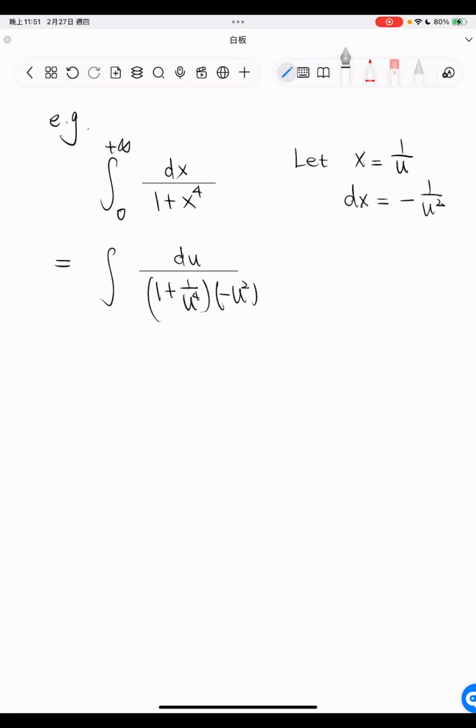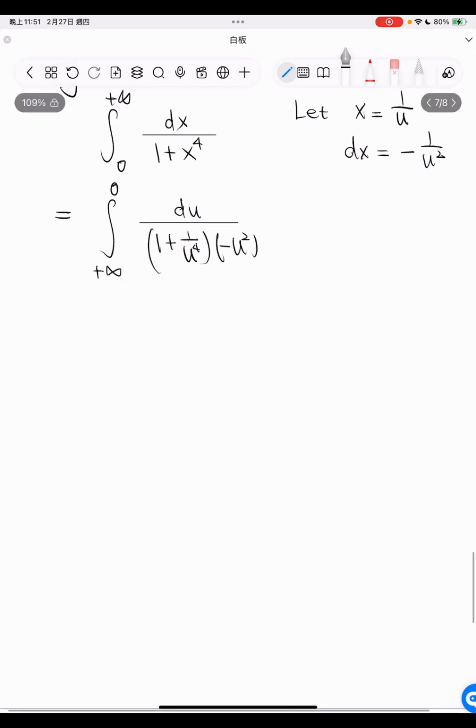When x approaches 0, u approaches infinity. And when x approaches infinity, u approaches 0.